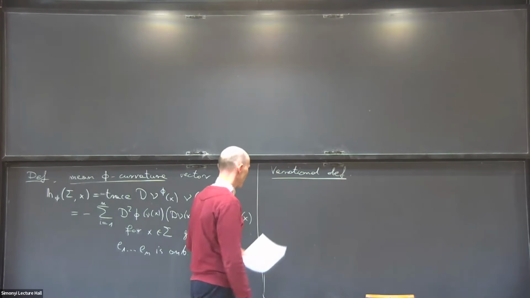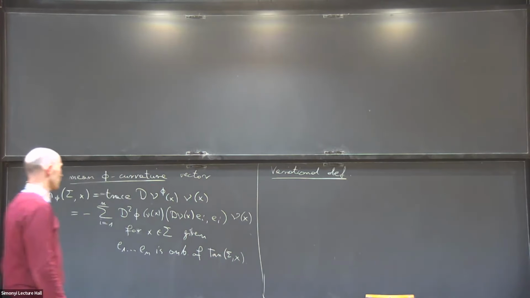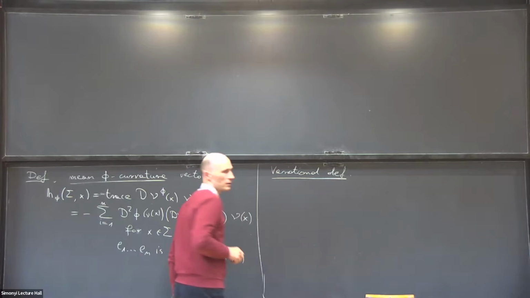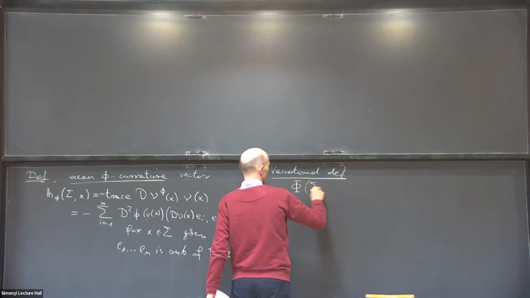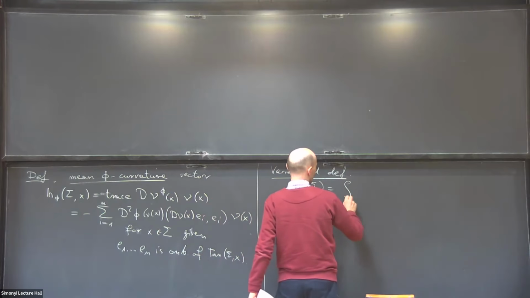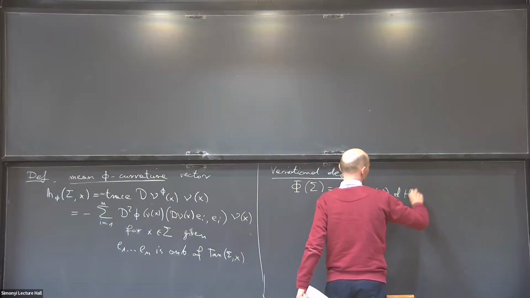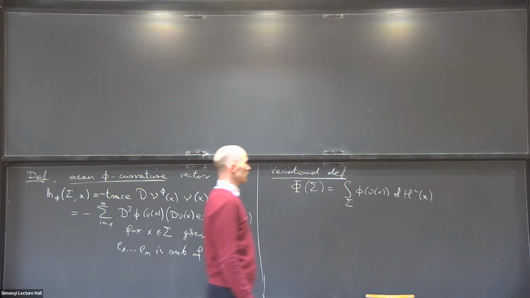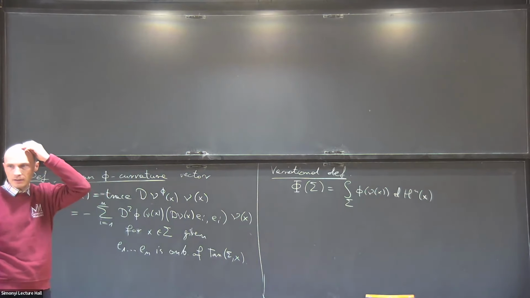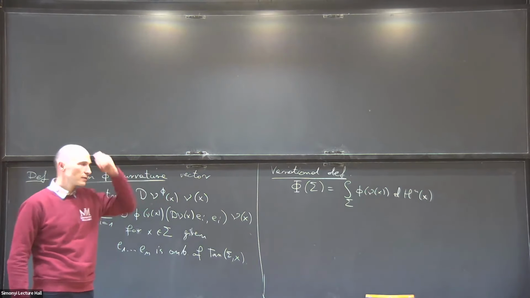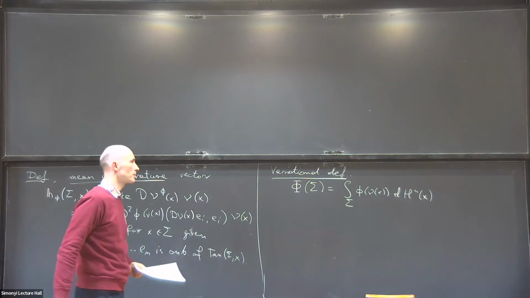The variational definition is the following. To talk about it, we need a functional. Consider the functional given by this formula: we integrate Phi of nu(x) with respect to H^n. This is called the anisotropic surface area. If Sigma is the boundary of some open set, it might be called the anisotropic perimeter of a set.